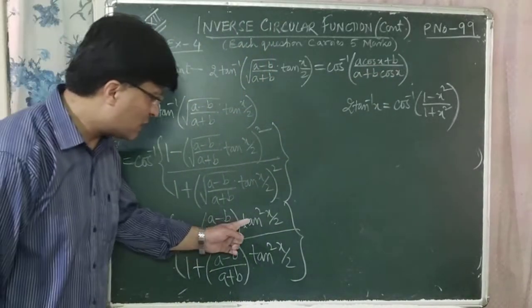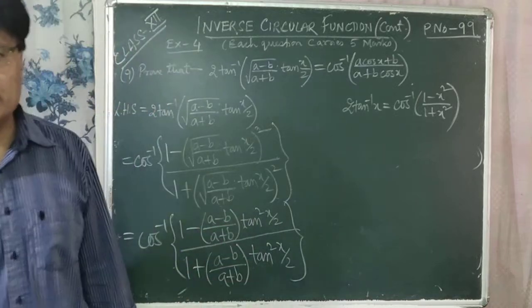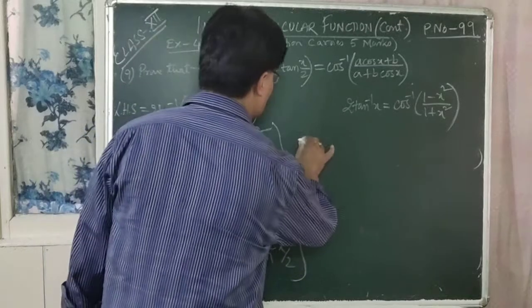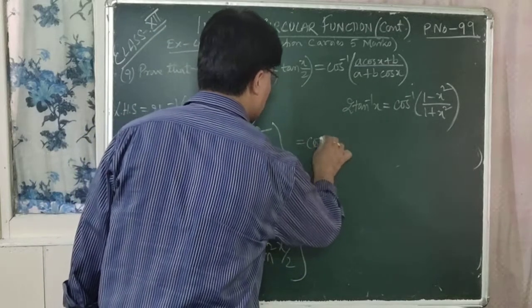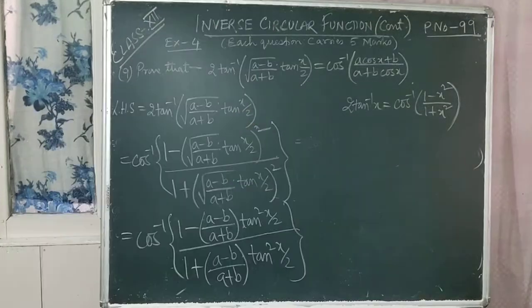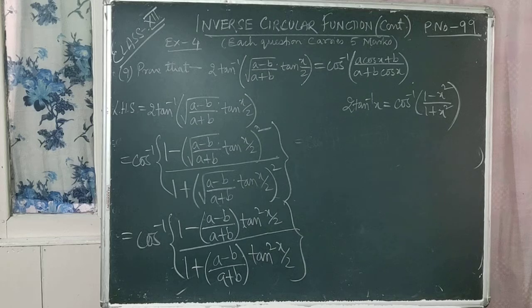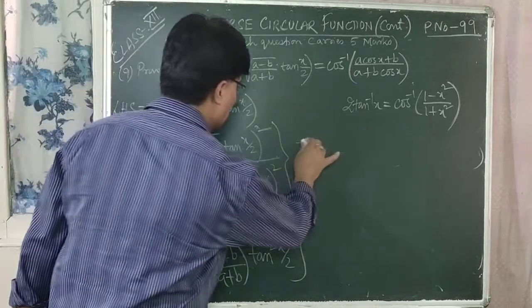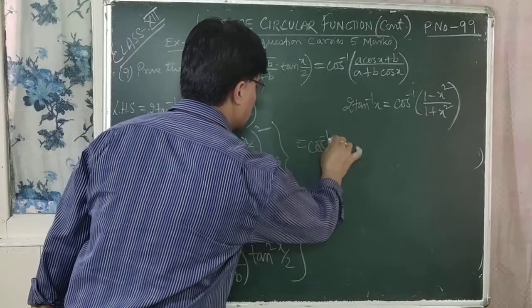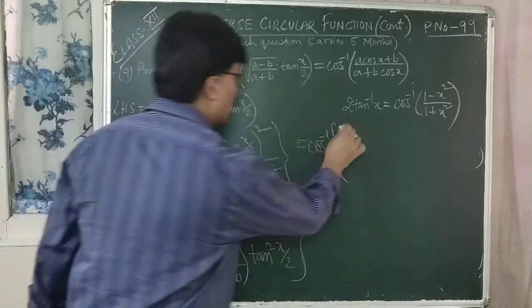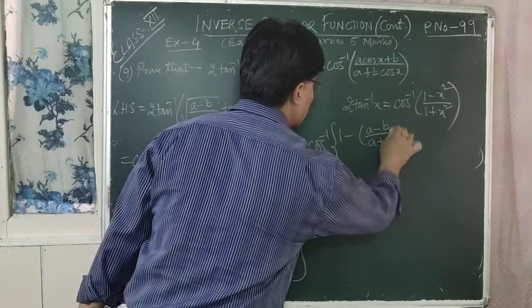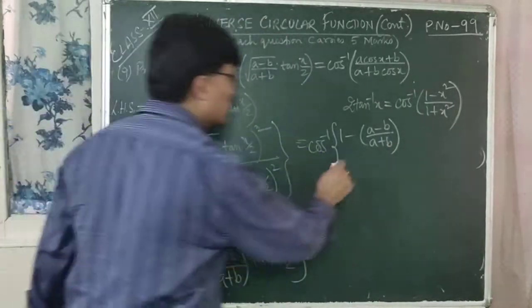So let us change it into sin and cos. What is tan square in terms of sin and cos? It is sin square by cos square, right? So this is cos inverse within second bracket. So now in the next step, what can you write? Is equal to cos inverse within second bracket 1 minus (a minus b) upon (a plus b) into, what is tan square x by 2?